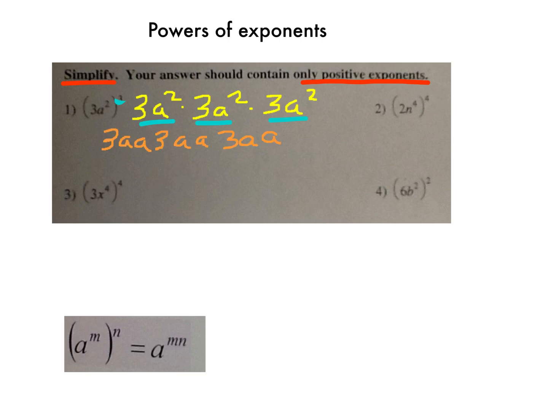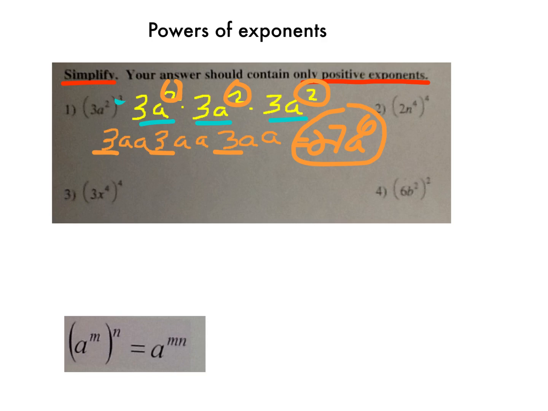It also looks like 3 times a times a times 3 times a times a times 3 times a times a. You're multiplying everything together. So we have 3 times 3 times 3, which happens to be 27, and we have 1, 2, 3, 4, 5, 6 a's. So here's my answer, 27a to the 6th power.